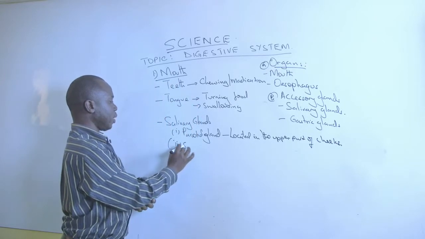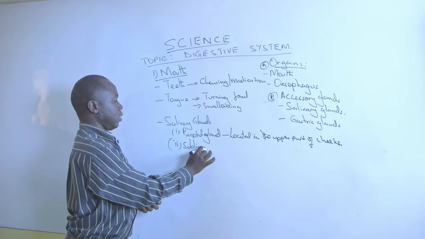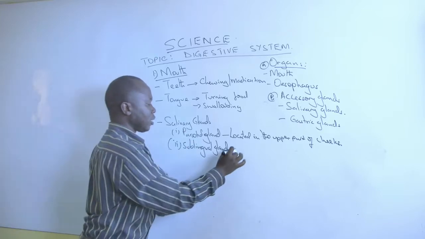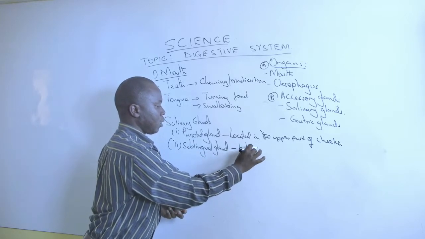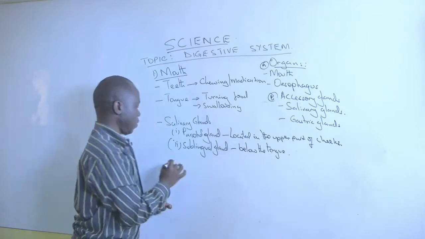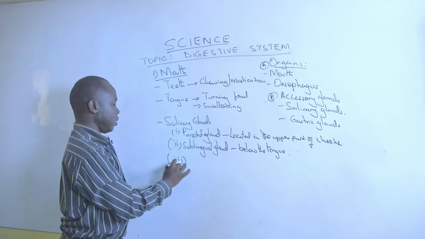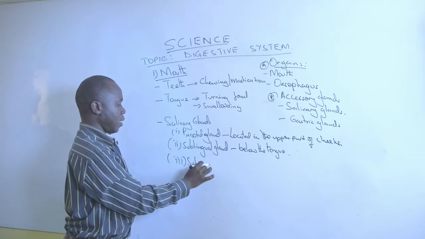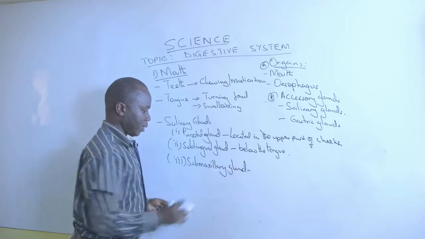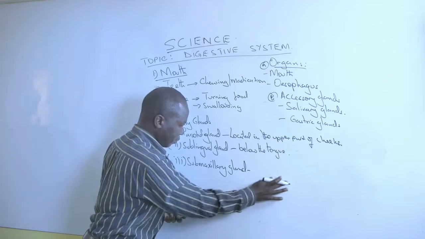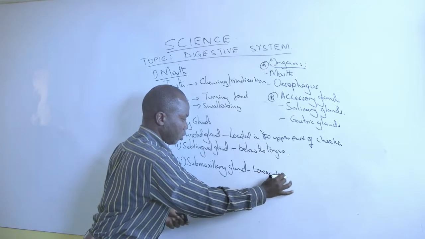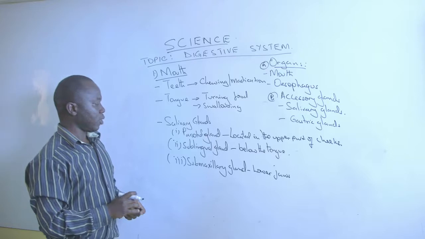We have the sublingual gland. The sublingual gland is located below the tongue. And then we have the submaxillary gland. The submaxillary gland is located in the lower part, at the back of the lower jaws.